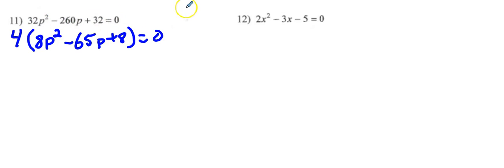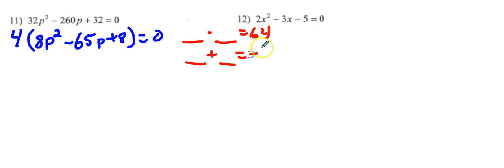So 8 times 8 is 64, so we want two numbers that multiply to 64 and add to this middle number, which is negative 65. Now in this case, we have a negative in the middle, but we must multiply to be positive, so both numbers need to be negative. That's the only way it can happen.